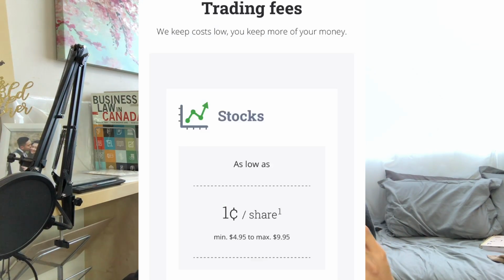So basically you're spending $20 to buy and sell a specific stock or company, right? You have to take that into consideration. Another example is Questrade. The commission structure is a little bit different. They charge 1 cent per share with a minimum of $4.95 and a maximum charge of $9.95. So it's really up to you what you are most comfortable with.